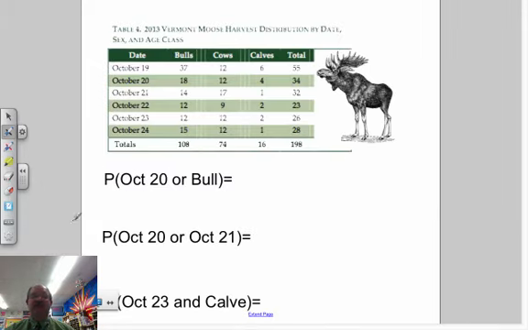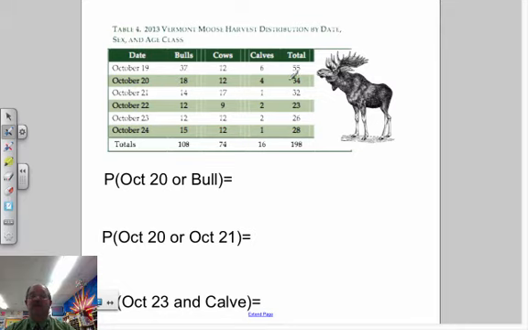Okay? So back to our cows and bulls that we talked about in class the other day. What's the probability that when we're trying to interview a hunter, and we have the list of all the hunters, and we just randomly draw one out, we've got somebody that shot a moose on either October 20th or they shot a bull moose?